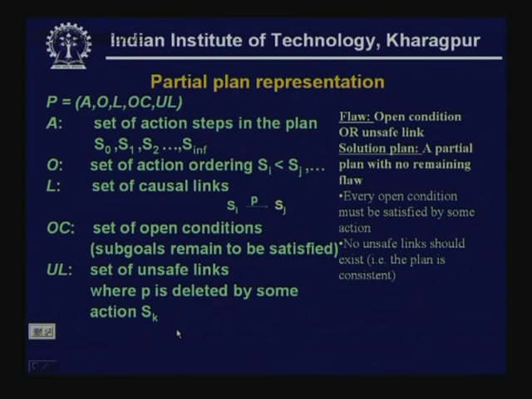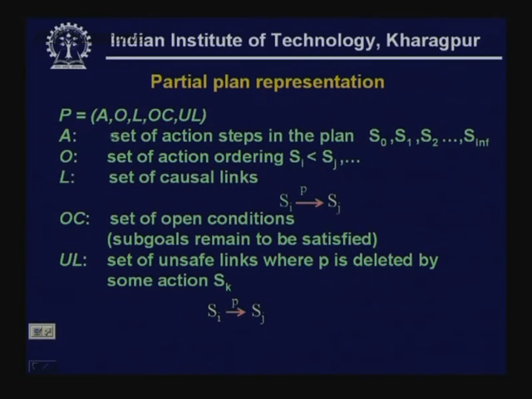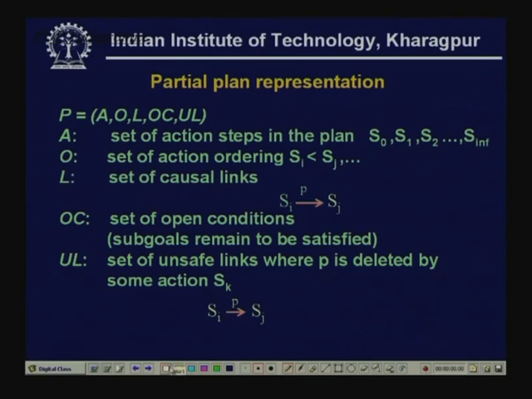Now, let us look at how we will represent partial plans. A partial plan is represented by a 5 tuple: A, O, L, OC and UL. What is A? A is the set of steps in the plan.